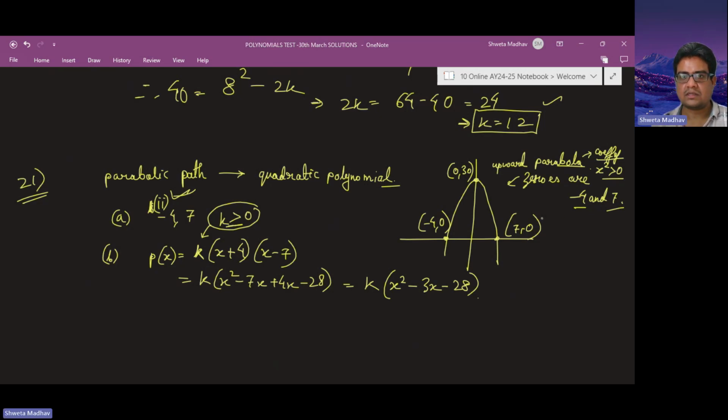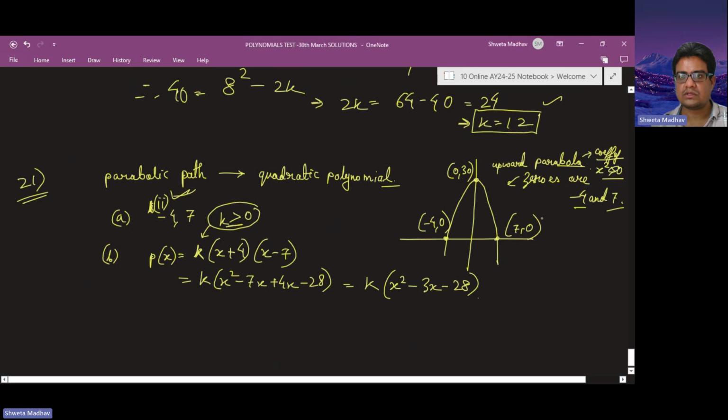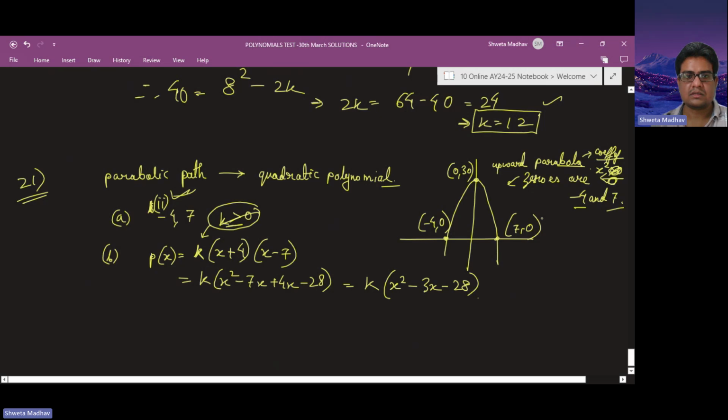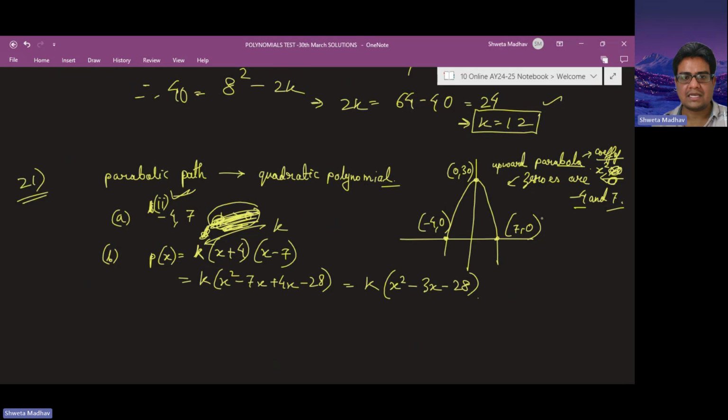So here it is concave downward. So here the coefficient of x square should be less than 0 only. As I told, that was wrong. Actually, the value of k should be less than 0 here, since the parabola is concave downwards.